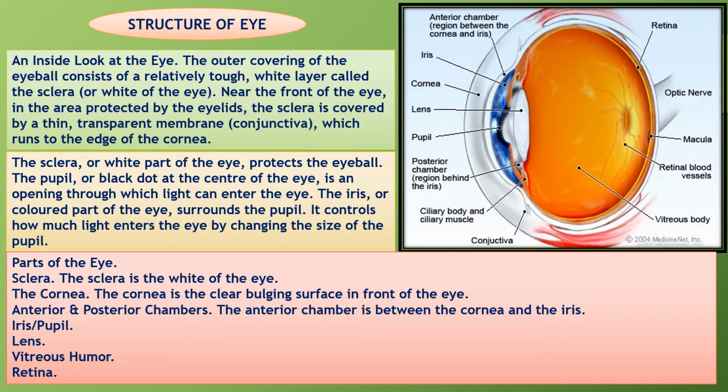Posterior chamber: region behind the iris. Pupil: the black dot at the center of the cornea, you can say. Anterior chamber: region between the cornea and iris. Conjunctiva, retina, optic nerve, macula, retinal blood vessels, and vitreous humor.